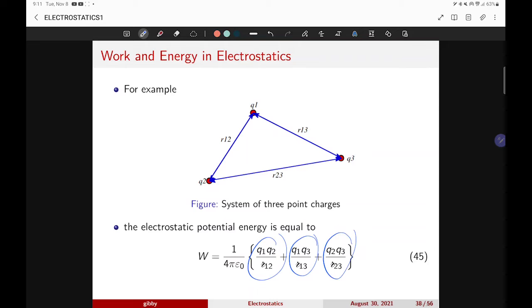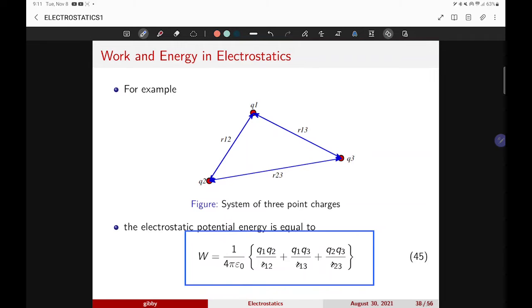So this is the total work needed para ma-assemble nimo ang tulo ka charge into this particular orientation. Okay?